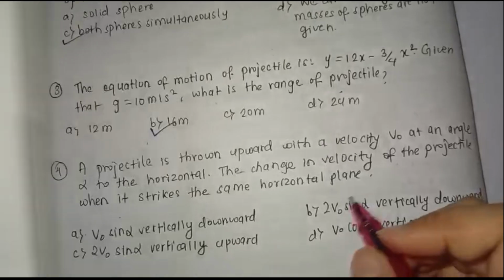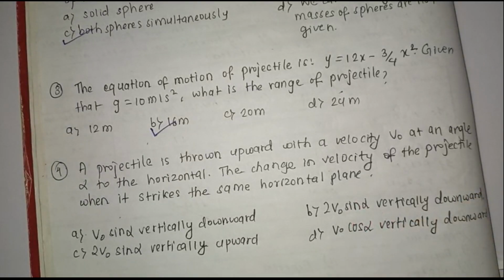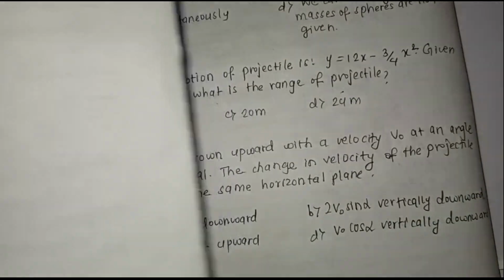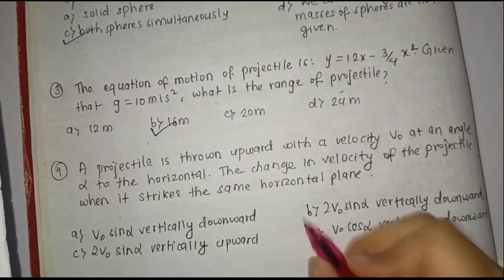So the correct option is 2 v0 sine alpha downwards, that is B.